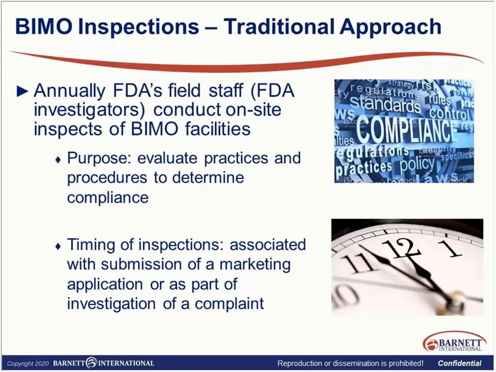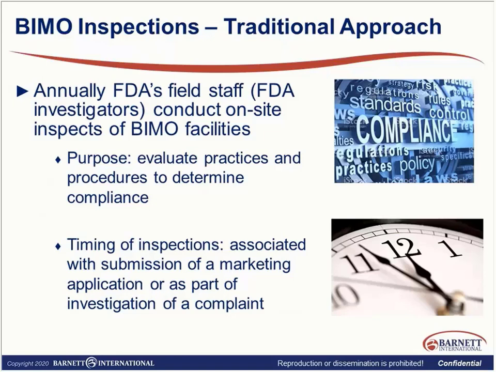So when we look at how the inspection actually occurs, typically the inspection is going to happen once the sponsor has submitted their data for a marketing application. Or we may have a complaint that has been submitted to the FDA.